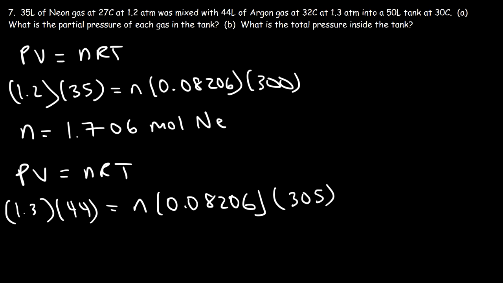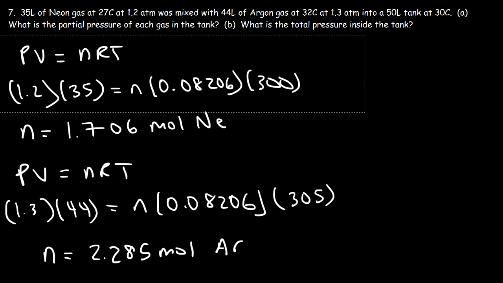So it's going to be 1.3 times 44 divided by 0.08206, and then divide that by 305. So the moles is 2.285 moles of argon. So I'm going to rewrite this on top so I can use it as a reference.